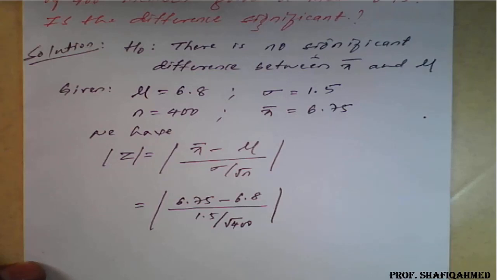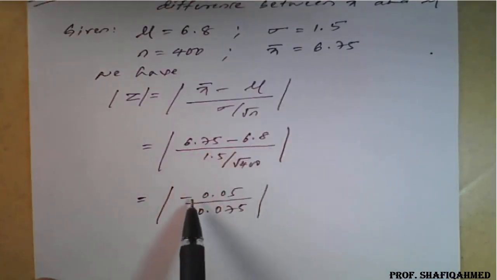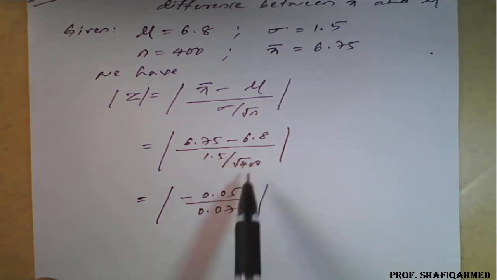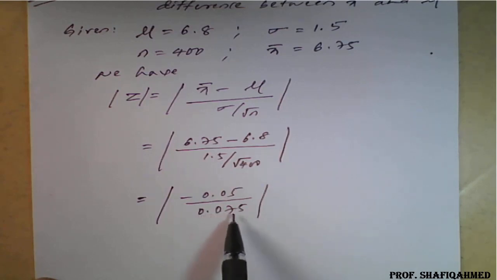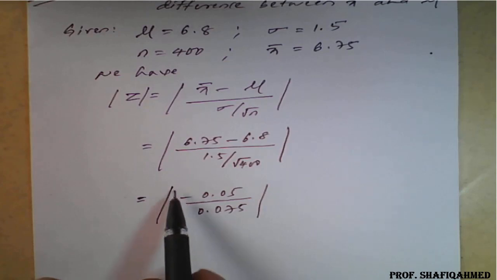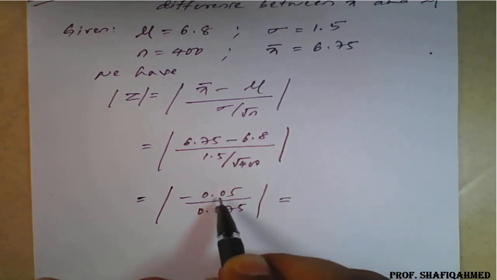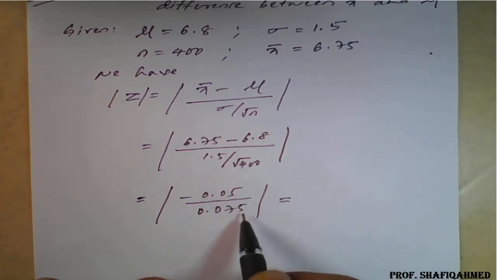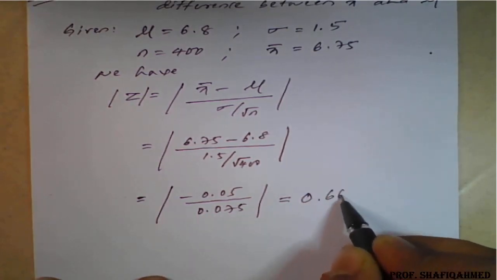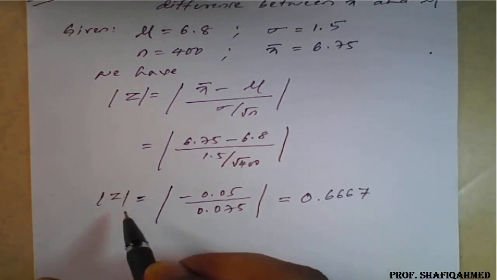On simplification, 6.75 minus 6.8 gives minus 0.05, and 1.5 divided by square root of 400 gives 0.075. Because of the negative sign, the mod can be removed and we consider the absolute value. So 0.05 divided by 0.075 gives 0.6667, that is mod z is equal to 0.6667.